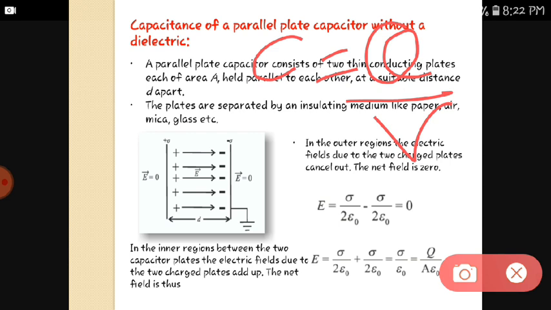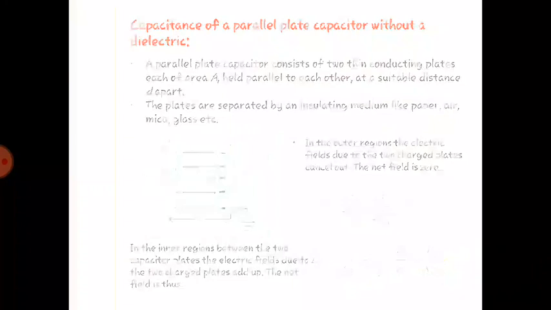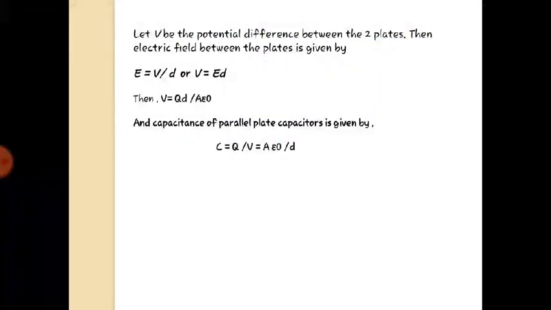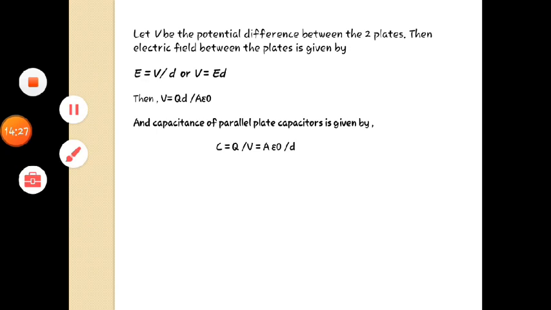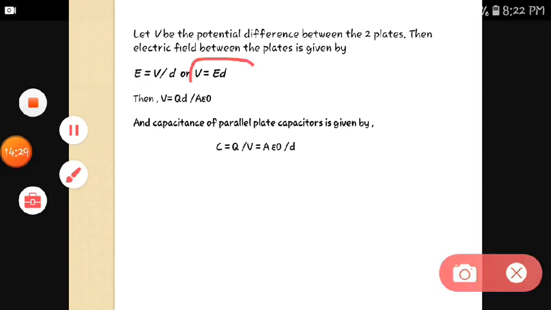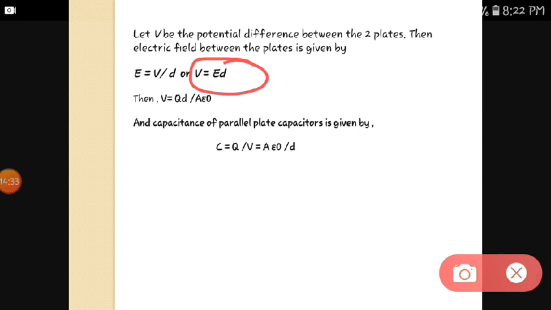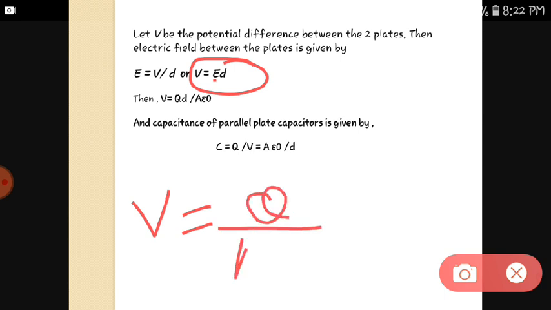Don't worry, let's move forward, then we'll find the answer. So here is the answer. V is nothing but the potential difference between the two plates, and it is given by V is equal to E into D. But as we know the value for E, it is nothing but Q divided by A epsilon 0. Am I right?